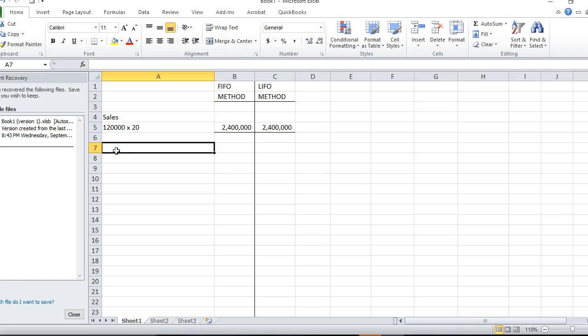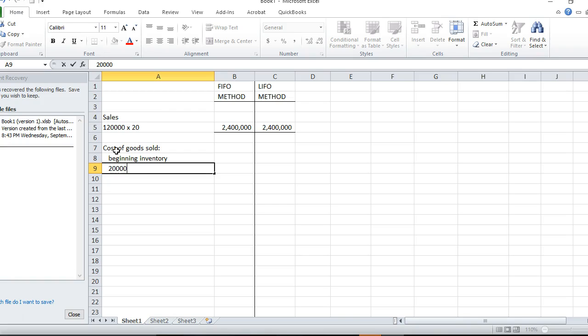Now, how do we determine cost of goods sold? We start with our beginning inventory, don't we? Our beginning inventory, 20,000 units at $12 a unit, right? Which is 240,000.